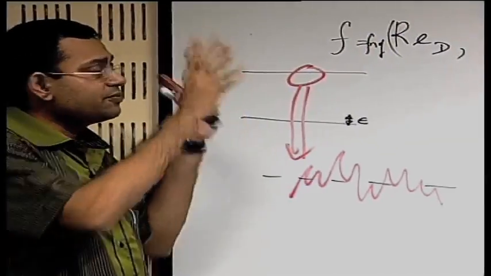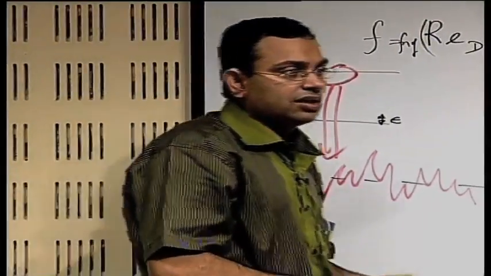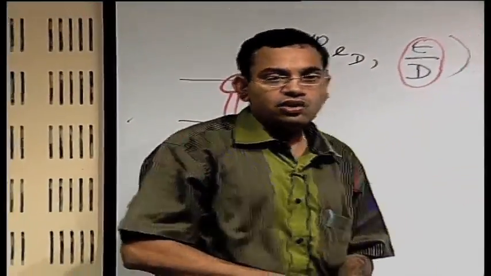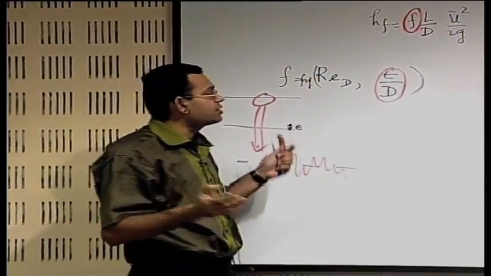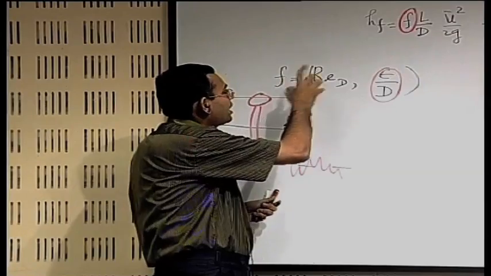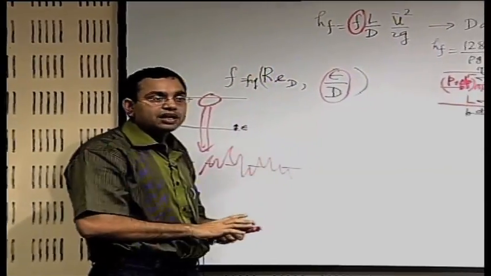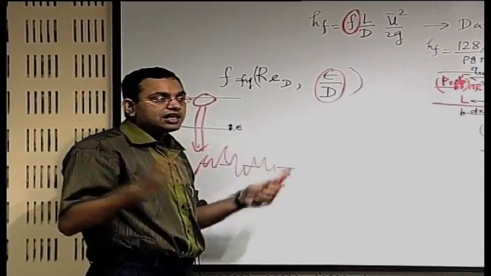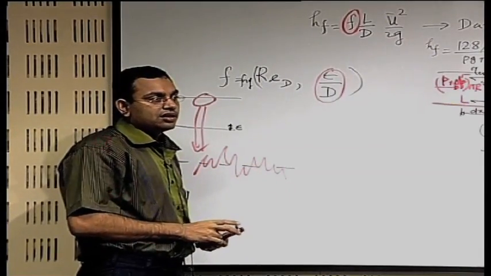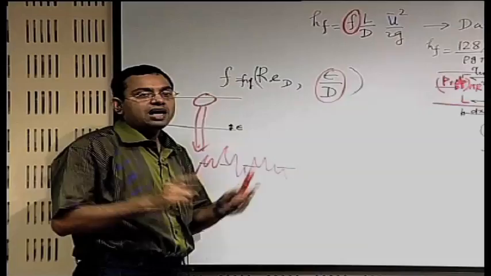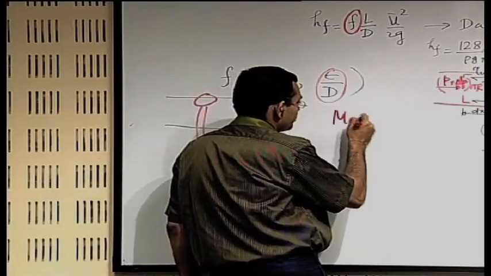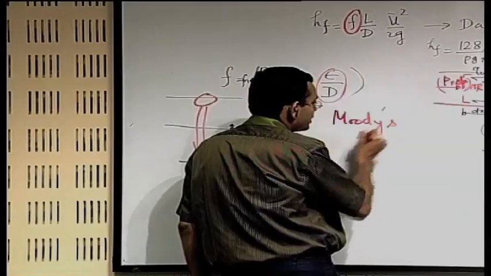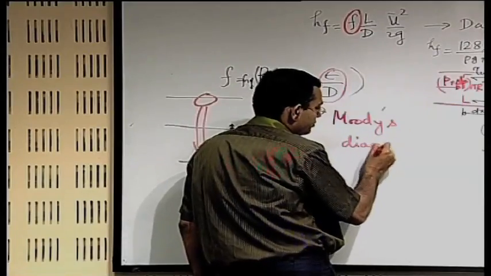So keeping these physical considerations in mind, there was a German engineer called Nikuradse who performed a lot of experiments to characterize the friction factor as a function of Reynolds number and epsilon by D, and these experiments were later summarized in the form of a very nice chart by an engineer called Moody, and that chart is known as Moody's diagram.